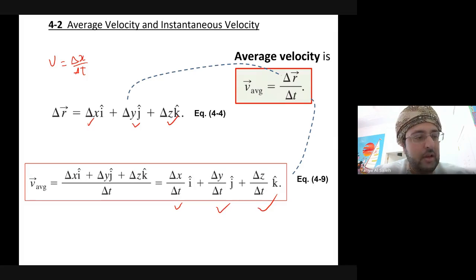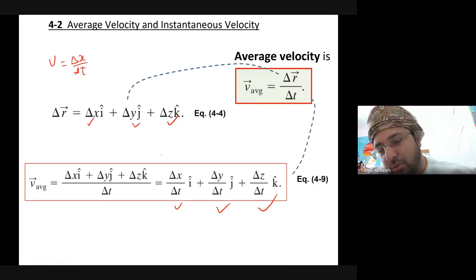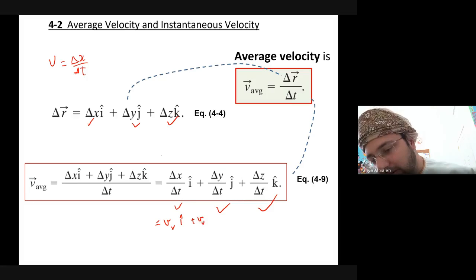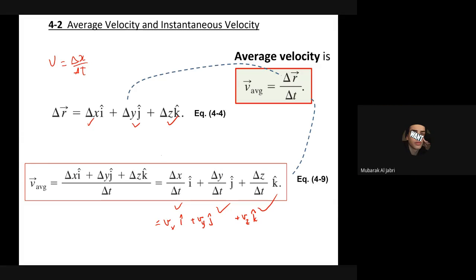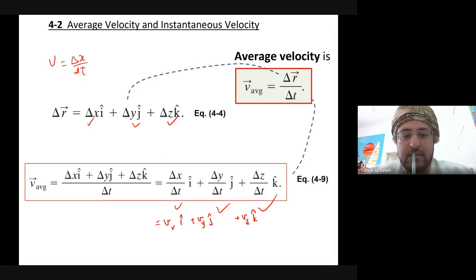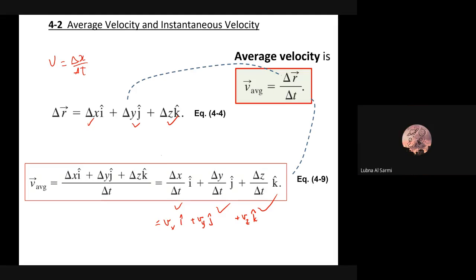Is there another way I can express this velocity instead of vx, vy, vz? So what is this equal to? This is basically me saying vx in the i direction plus vy in the j direction plus vz in the k direction. Yes. Okay. Is there another way I can express this? Magnitude and direction. Yep.